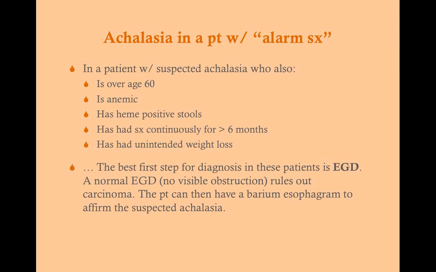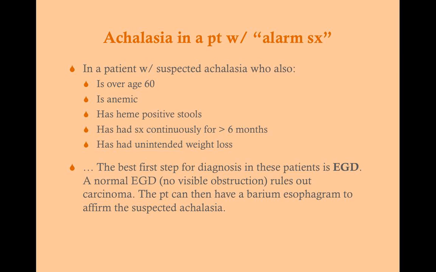Okay, so now what happens if we have the patient with the achalasia-like symptoms, with these dysphagic symptoms, and they also have the alarm signs or symptoms or history? So in other words, the patient has what looks like achalasia, but the patient is over age 60, the patient is anemic, they have heme-positive stools, meaning melena, they have symptoms continuously for more than 6 months, or they have unintended weight loss.